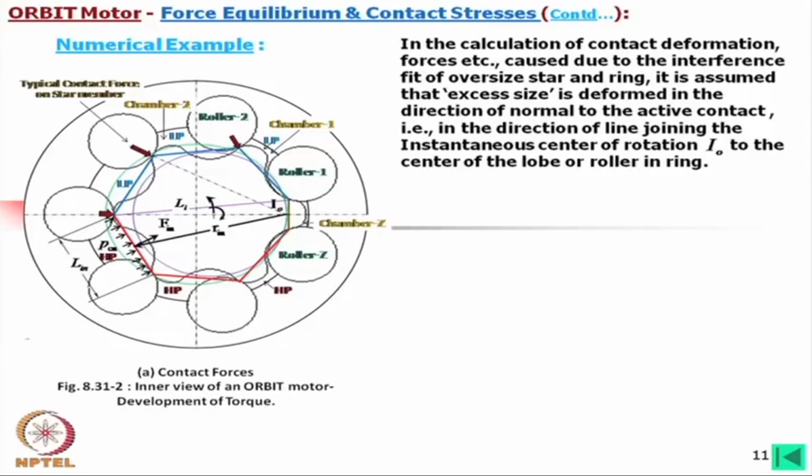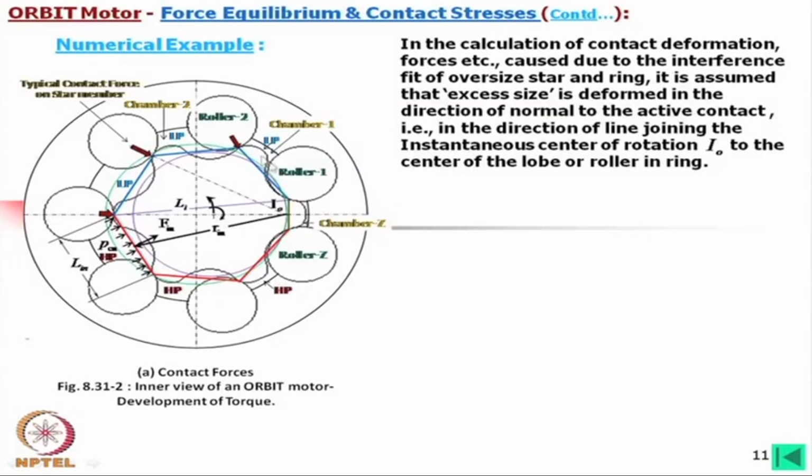Okay. And if you try to visualize, there is a possibility of unstable conditions. That means, for such an interference fit, ultimately you will find this star will try to take a stable position.